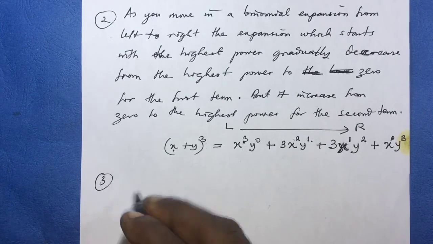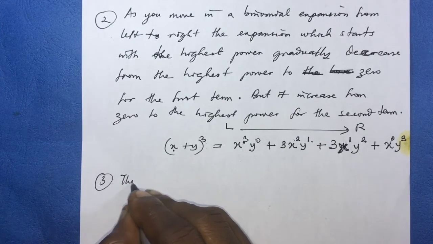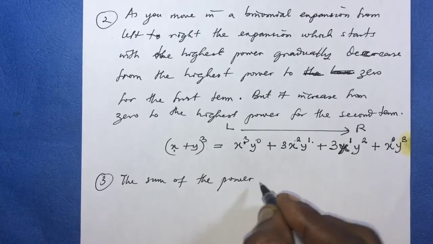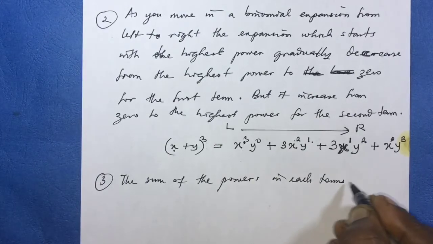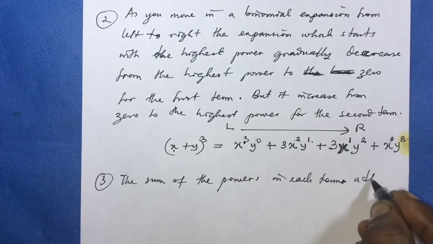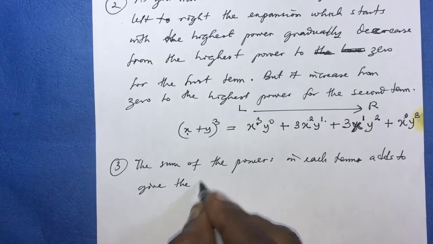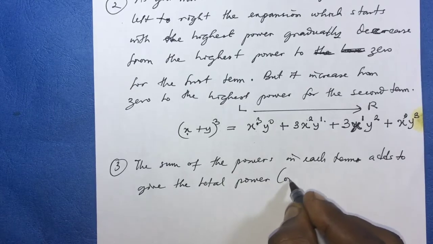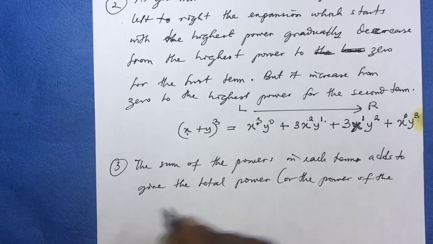Number 3, in the binomial expansion, the sum of the powers in each term adds to give the total power, or the power of the expansion.